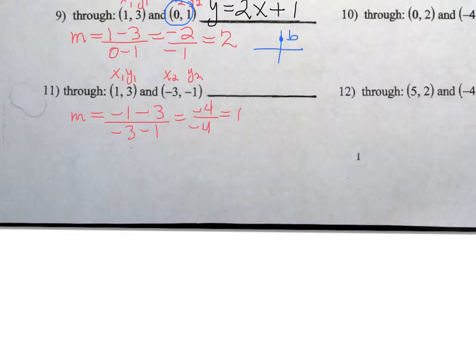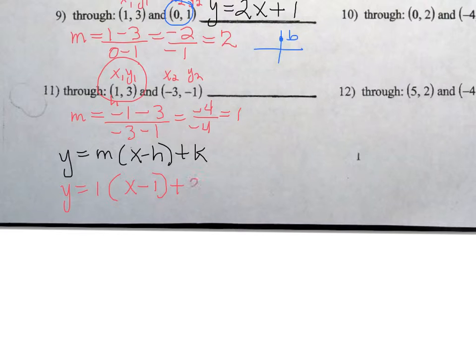Now, this one I cannot do like number 9 and number 10. I have to put into the point-slope form. And the point-slope form is y equals m parentheses x minus h plus k. I put in the numbers. I'm going to use the x1, y1. So it would be y equals 1 parentheses x minus h, and I'm using the first point, so that's minus 1, plus k, which is 3.